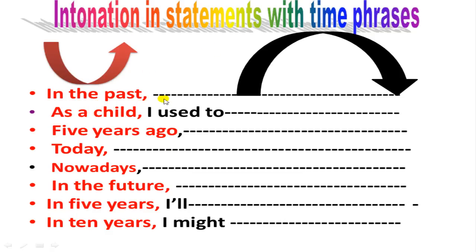As a child, I used to play in the club. Then the sentence, at the end of the sentence, the sound is down. So the time expressions will make the sound higher, but the sentences after this, the sound is down at the end.